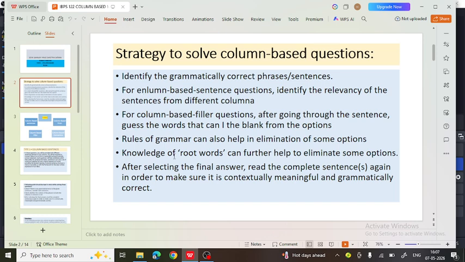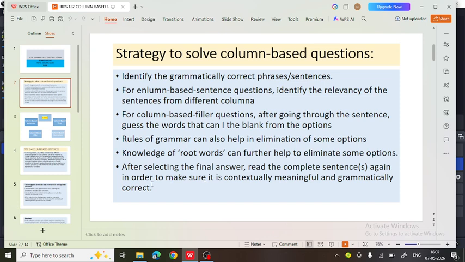Next, knowledge of root words can further help to eliminate some options. Root words means what? For example, management: manage is the root word. Examination: exam is the root word. So you need to have knowledge of root words. Next, after selecting the final answer, read the complete sentence or sentences again to make sure it is contextually meaningful and grammatically correct.